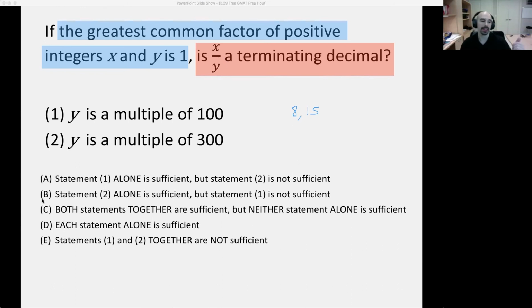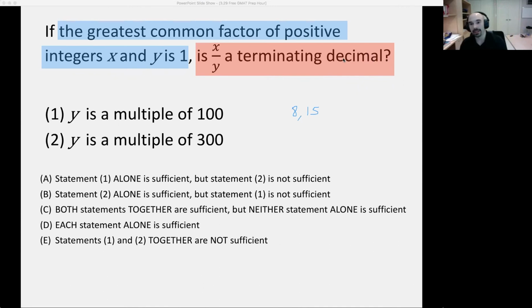I guess you could say D fits, but that has never happened in the history of the test. You're always going to need at least one of the statements to answer the question. So if you get to the question mark and you think, oh, I can already answer that question without even looking at the statements, then you misunderstood the question.